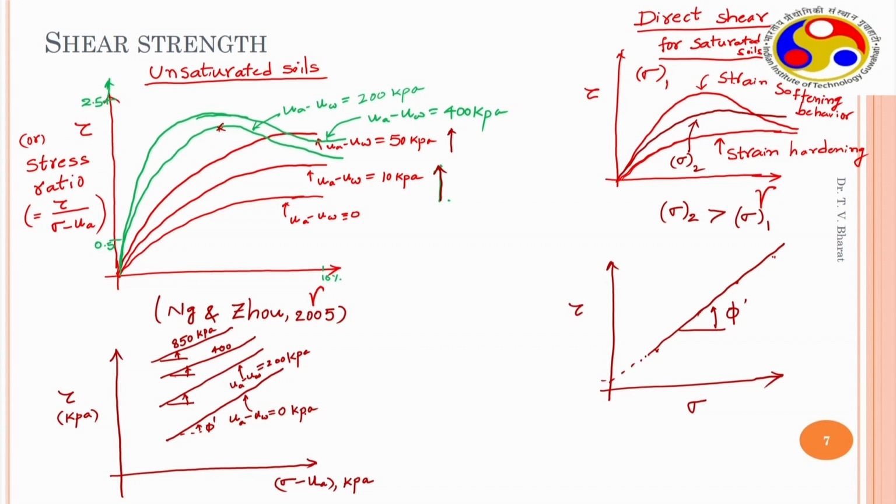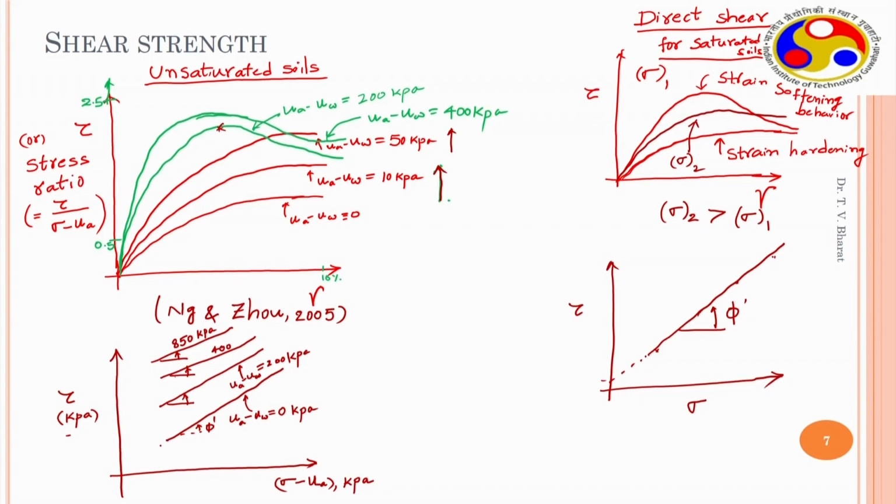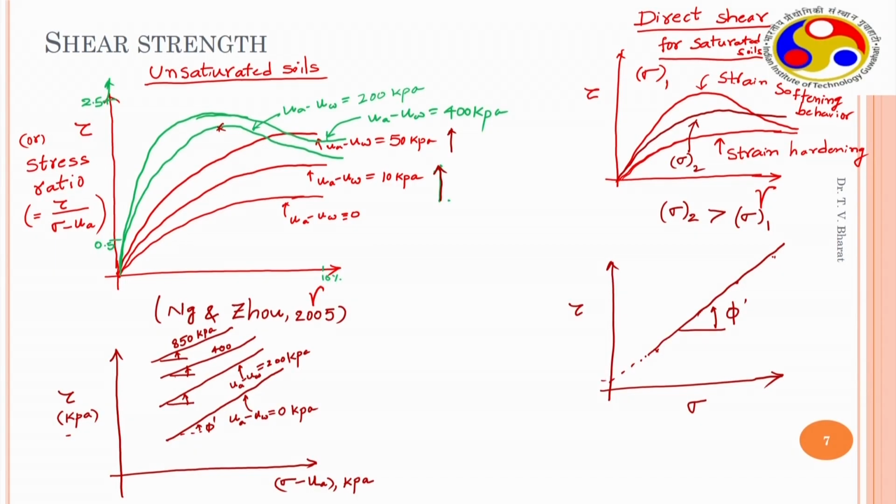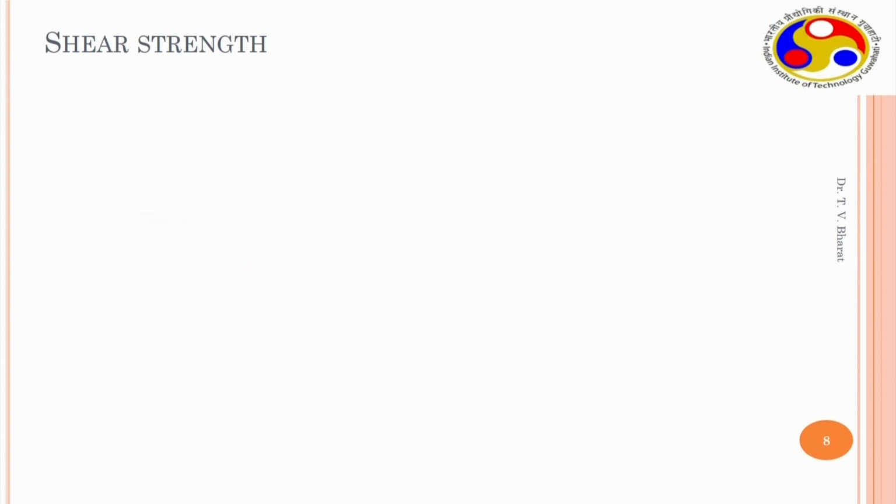It doesn't significantly change for different matrix suction values in the relationship between tau versus sigma minus ua. So for shear stress versus net normal stress at different matrix suction values, the angle of internal friction is nearly the same. So this is another observation, and often we plot the dilatancy effect.